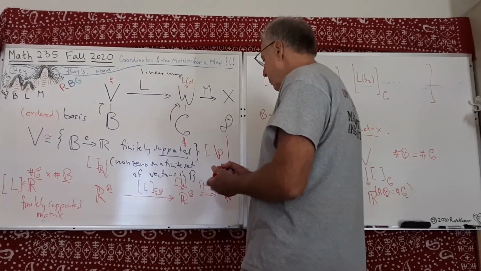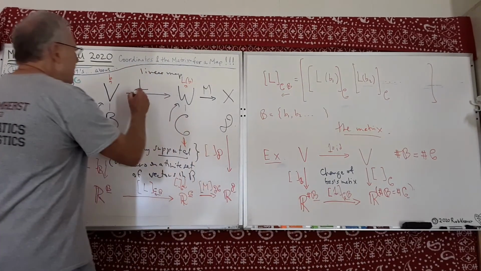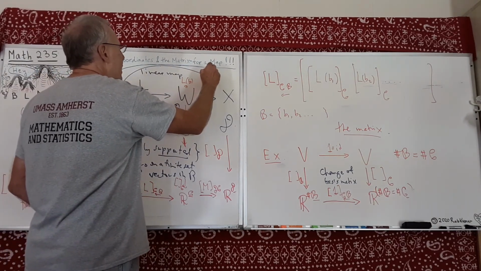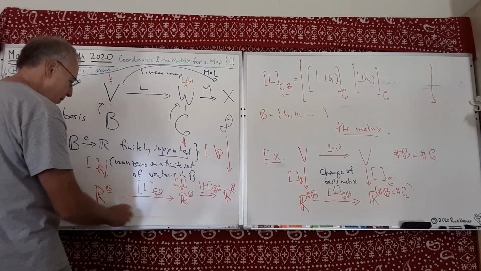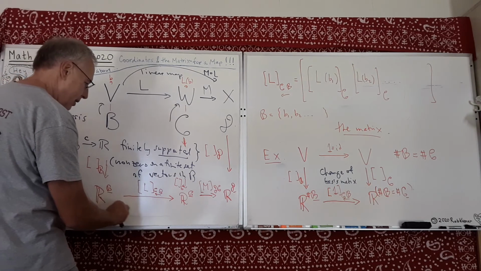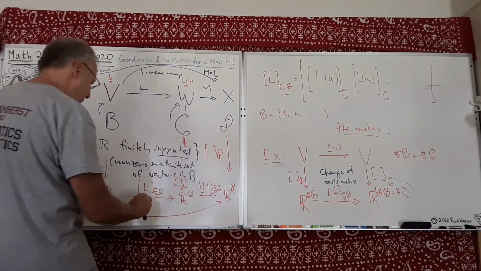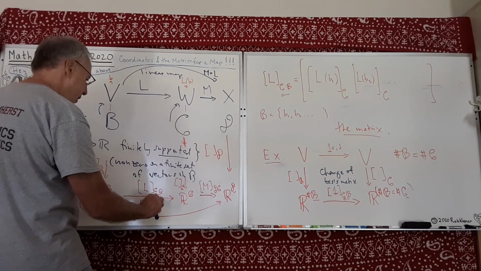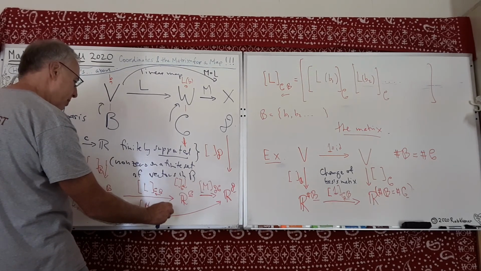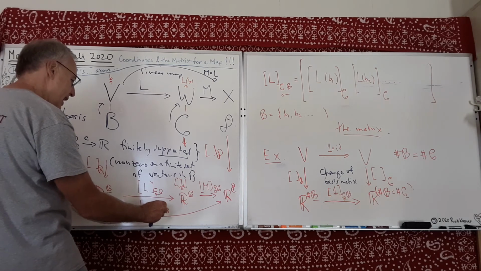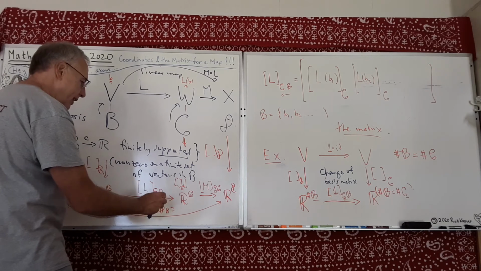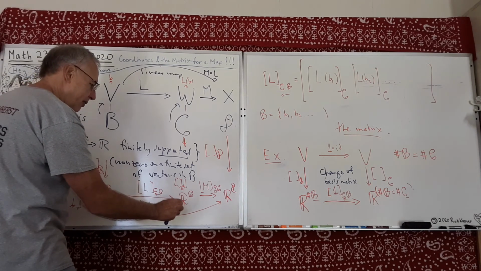And you might ask yourself, how does the composition, which is a linear map, namely M after L, what is the matrix for M after L with respect to the basis, starting with B, ending with D? What's the matrix for that composition? Well, it's the product of these two matrices.